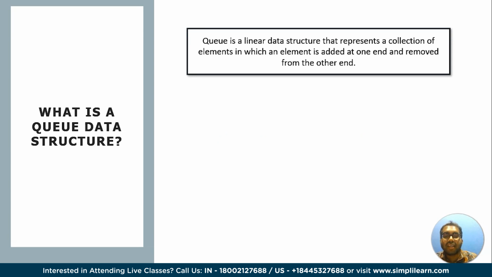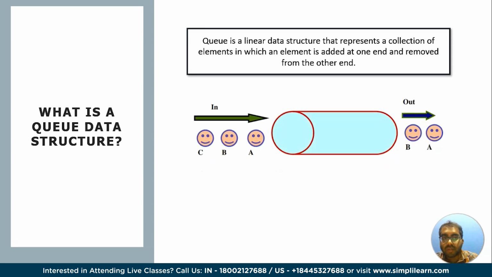A queue is basically a linear data structure that represents a collection of elements in which an element is added at one end and removed from the other end. If you talk about stacks, the operation is done only at one end, that is from the top of the stack. Whereas in queues, operations can be done on both sides, that is at the front and the rear.